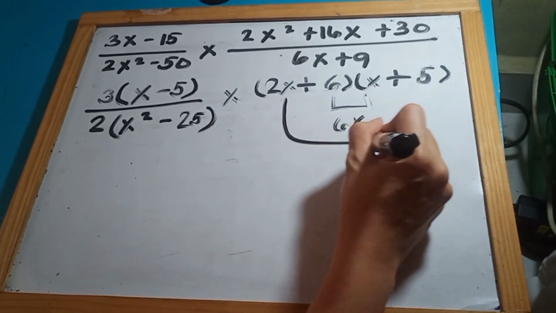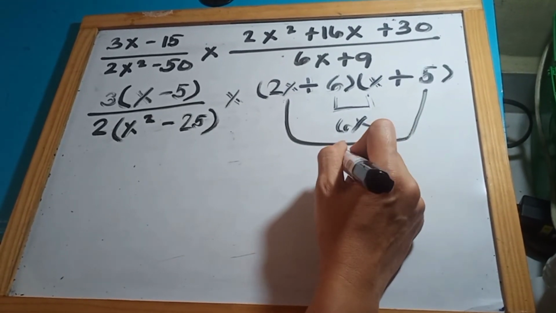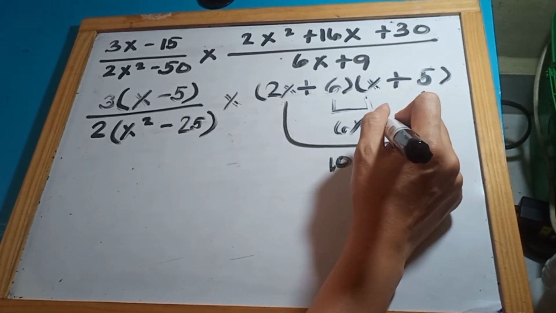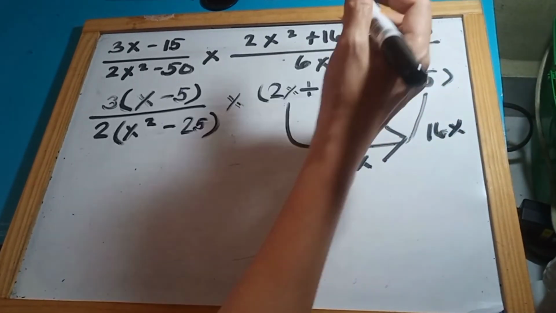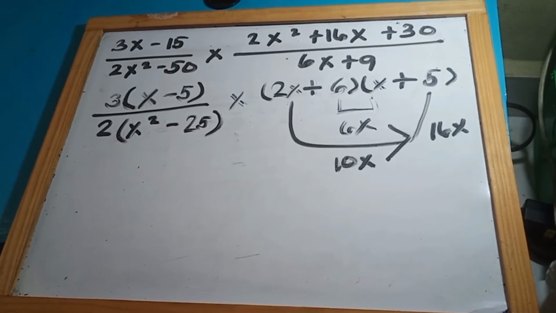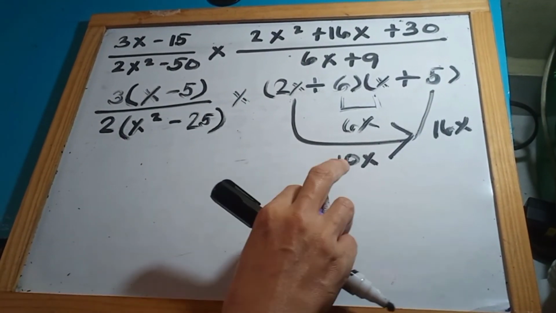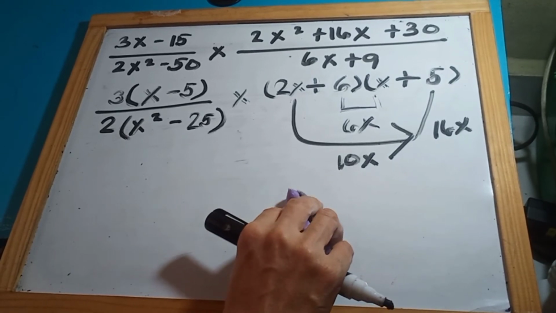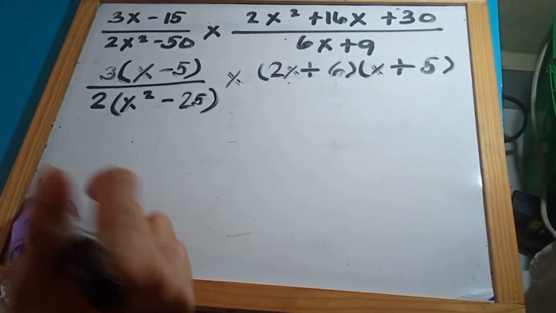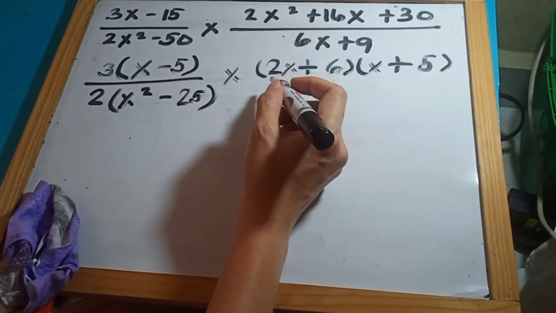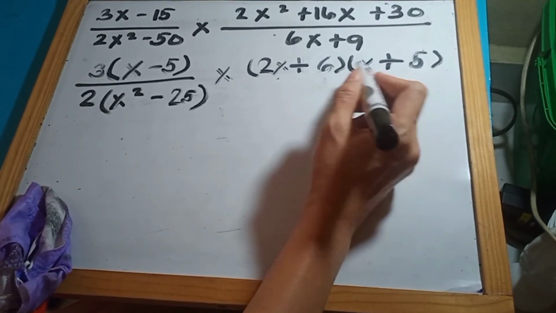And then, 2x times 5, this will become 10x. So, 6x and 10x, this is 16x. So, therefore, tama yung ating factor ng numerator, 2x plus 6 times x plus 5. Okay, so burahin muna natin siya. Alright, so here is now our factor, 2x plus 6 times x plus 5.